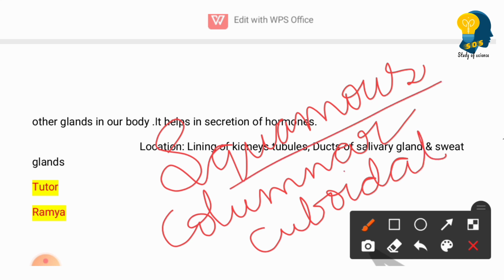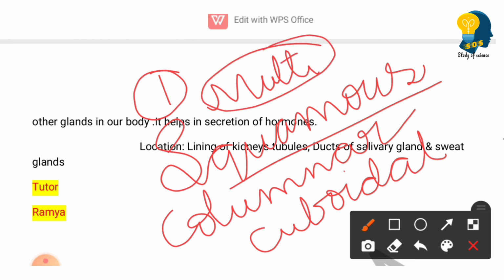The squamous epithelium tissue is further classified into simple squamous and stratified squamous. Simple squamous is single layered and stratified squamous is multi-layered. Correct. If you want, watch the video once again and understand the concept clearly.